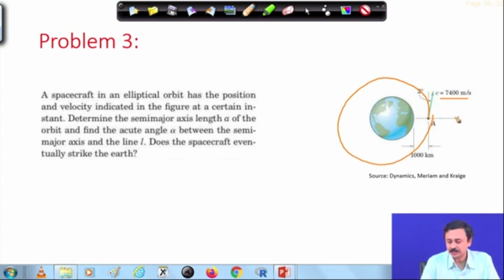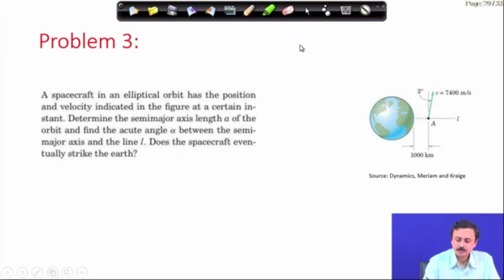Now, this vertical is defined in terms of this line L, and this point A is 1000 kilometers above the surface of the Earth. We have to calculate the trajectory of the spacecraft and also check whether it strikes the Earth or not.